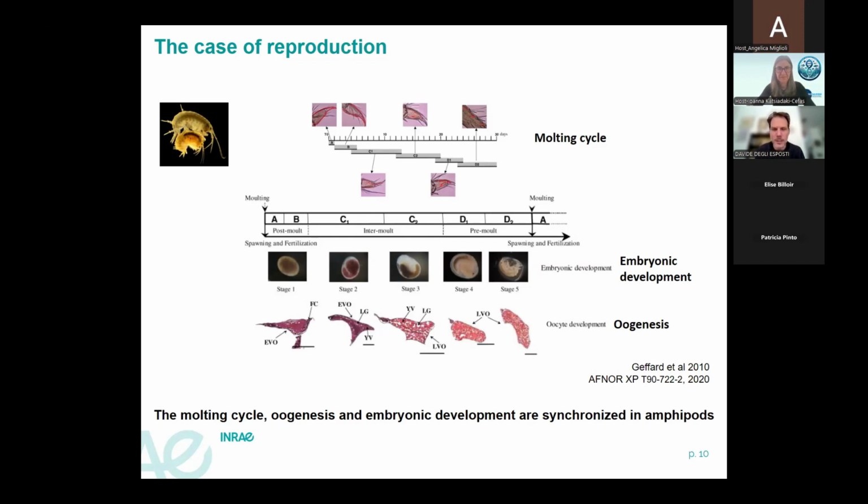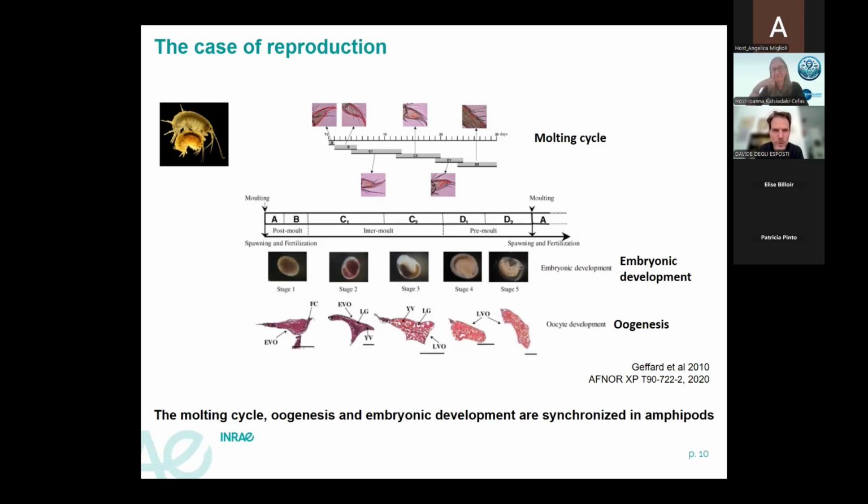So this is a perfect framework to also investigate not only reprotoxicity, but also endocrine disruption in this crustacean, due to the fact that when there is a desynchronization between the ovary maturation and the molting cycle, it raises the question of an effect on the endocrine system.